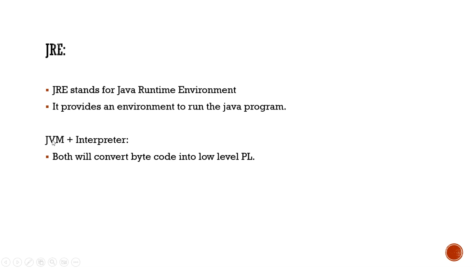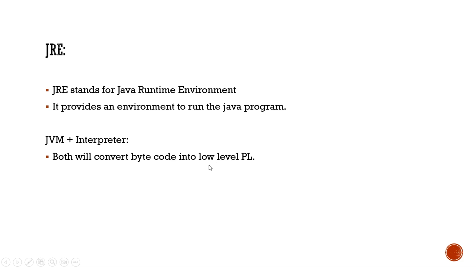Now we need to understand what is JVM and interpreter. Inside JRE, what is there? JVM and interpreter, as we saw in the last slide. Both will convert bytecode into low level programming language. What is bytecode? I will tell you in the next slide. In previous videos I told you about low level programming languages as well.